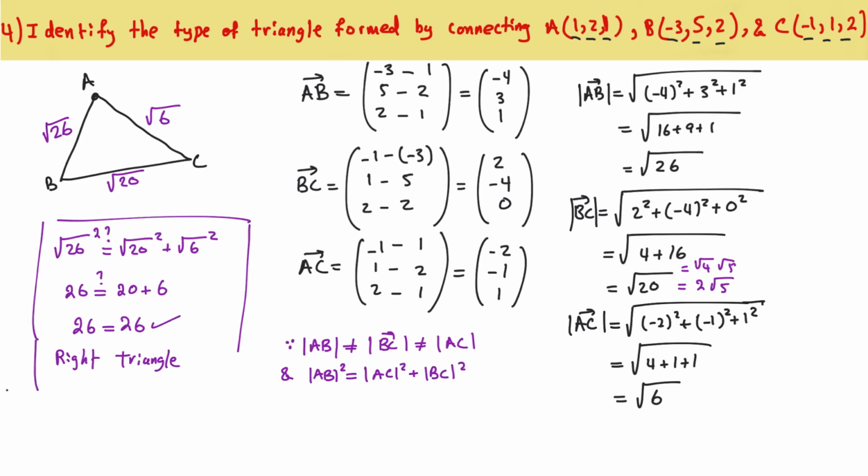So this test is to figure out what type of triangle in terms of scalene, isosceles, or equilateral, and this one is to test for a right triangle. Therefore, this is a right triangle and scalene triangle. And this is our final solution.